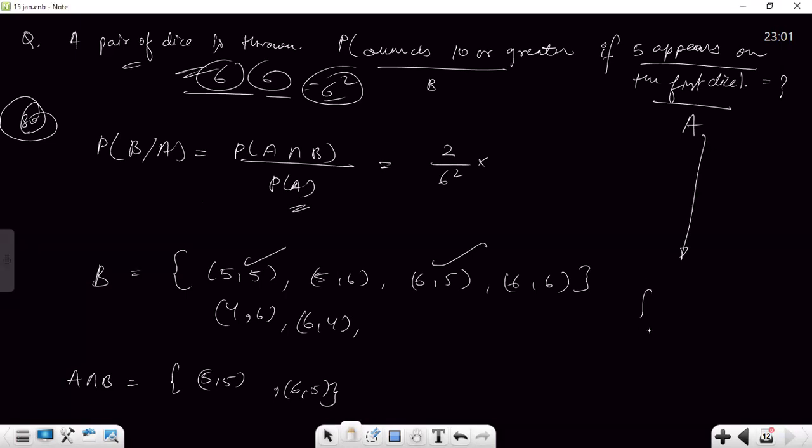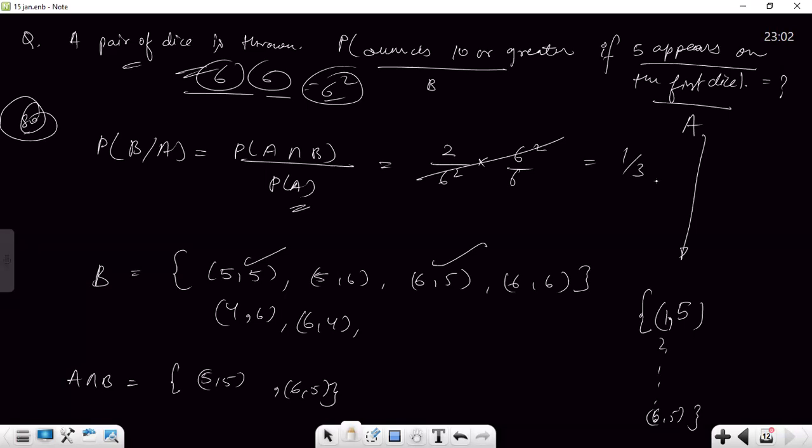A event will have 5 on the second dice and 1, 2, 3, 4, 5, 6 on the first dice. 6 cases are there on the first dice and 5 is fixed on the second dice as outcome. So how many total cases are there? 6 divided by 6 square. This cancels. 1 by 3 is our answer. Any doubts, anyone? Is there any other doubt?